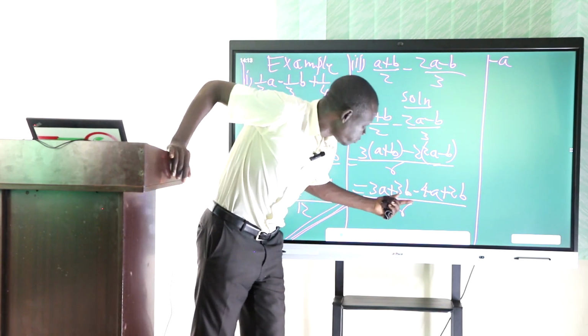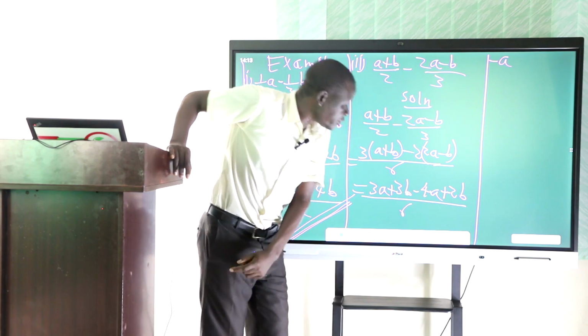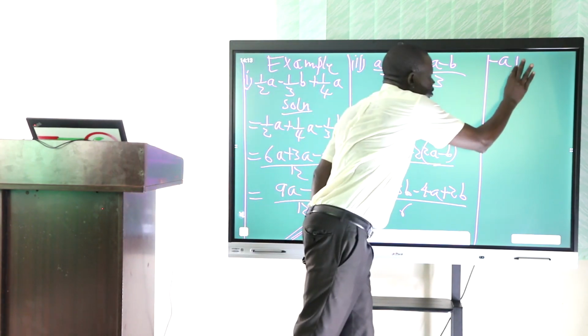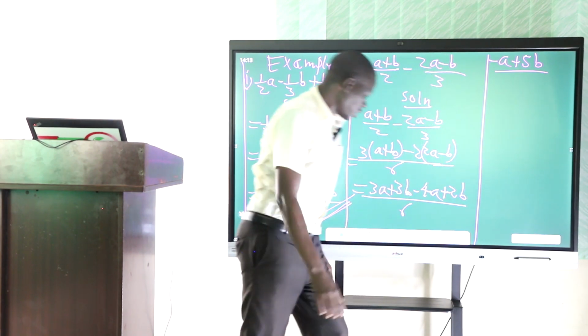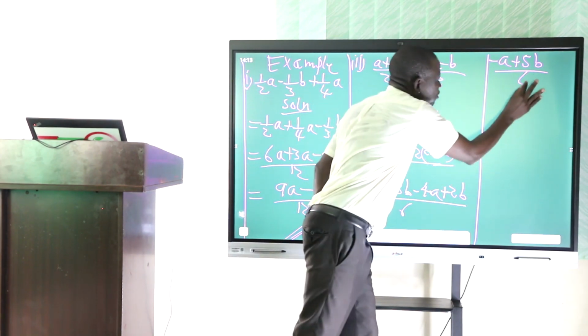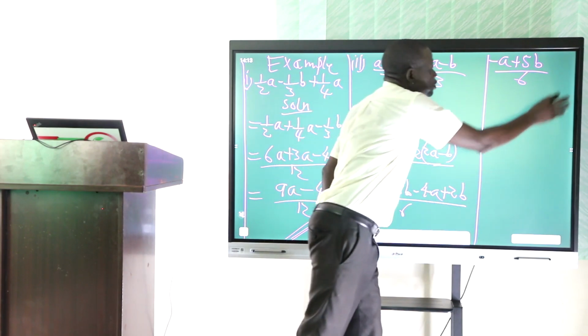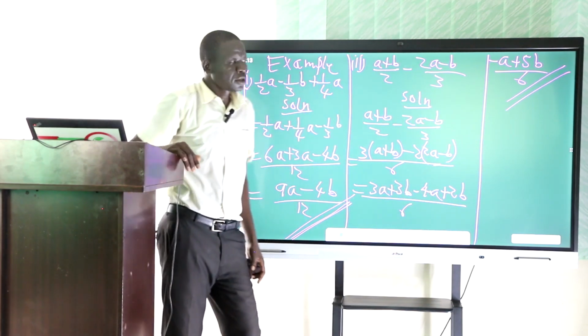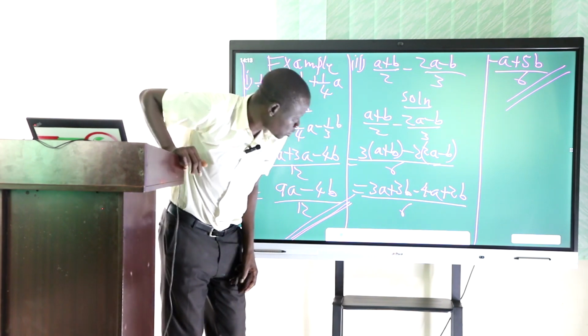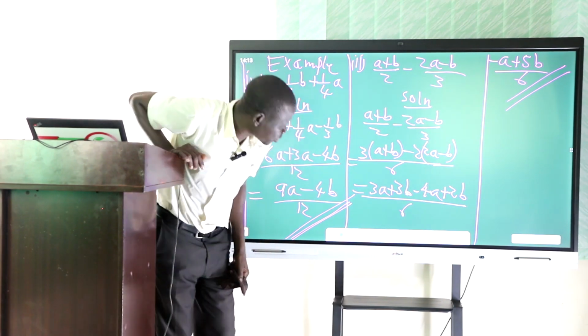We have 3B plus 2B. You get positive 5B all over 6. And this would be the answer. So the answer will be negative A plus 5B over 6.